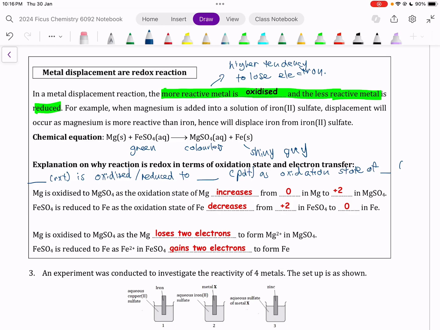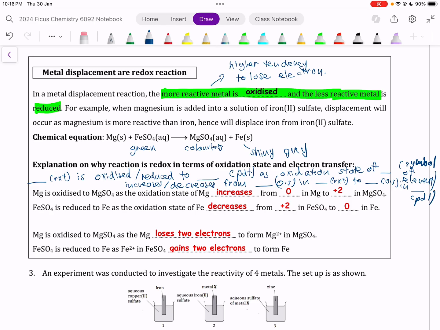It's the symbol of the element, so for all these you can use the chemical formulas to write. As oxidation state, then you put in the symbol of the element, increases or decreases from whichever oxidation state in whichever reactant to whichever oxidation state in whichever product.